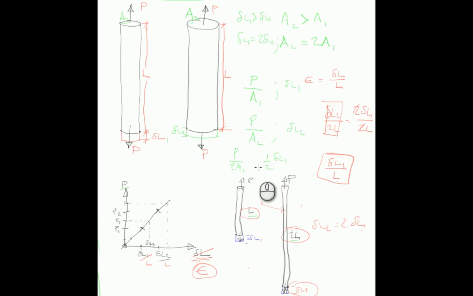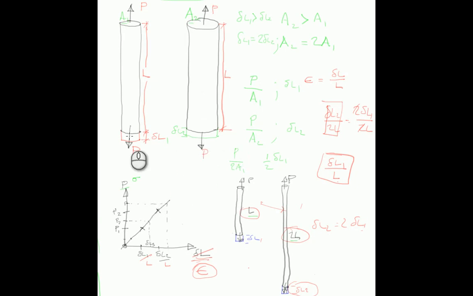So we can see then that, similar to what we did for strain, we now have this new quantity, which we're going to call stress, and we'll give it the Greek symbol sigma. The Greek symbol sigma is just the Greek letter of the alphabet that we are going to, by convention, refer to our stress by.